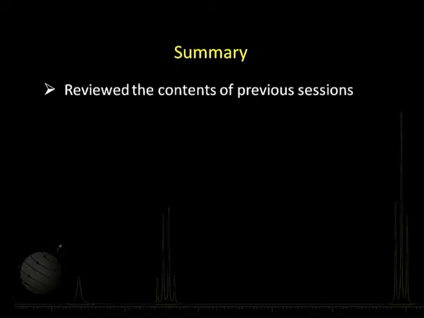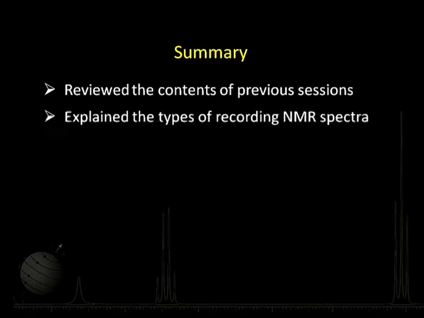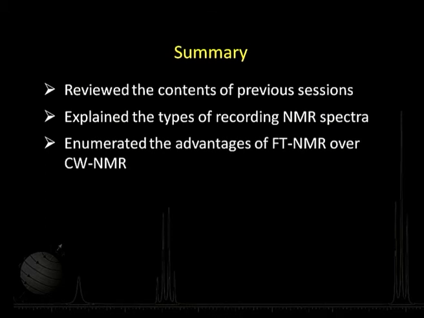Let us sum up what we have done today. We started by recalling the contents of the previous sessions. Thereafter, we explained the types of recordings, that means different ways of recording NMR spectra, wherein we talked about CW NMR, that is continuous wave NMR, and FT NMR. Thereafter, we talked about the advantages of FT NMR over CW NMR.